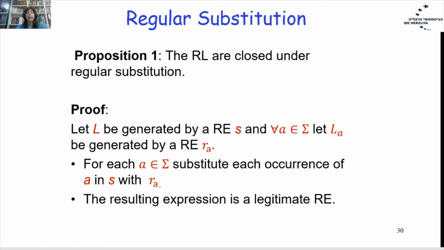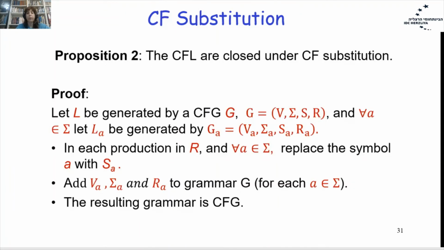For each letter A that belongs to sigma, substitute each occurrence of A in the original regular expression S with RA. The resulting expression is a legitimate regular expression. Therefore, we actually proved that regular languages are closed under regular substitution.